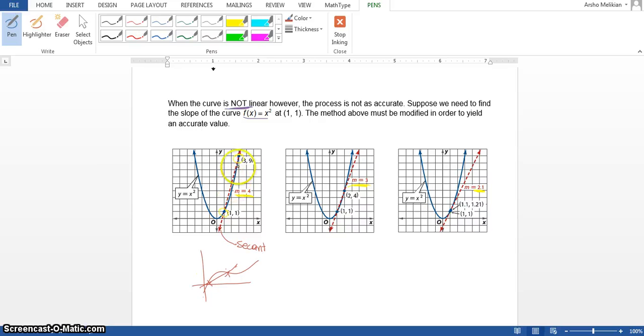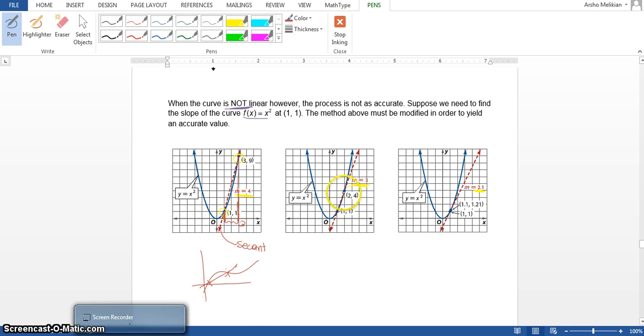Okay? So here, we brought the point closer and closer and closer. So look at exactly how far apart these 2 points are. In this case, one has an x value of 1, another one has an x value of 3. So look, they're 2 spaces apart, right?